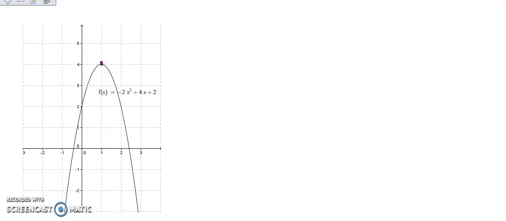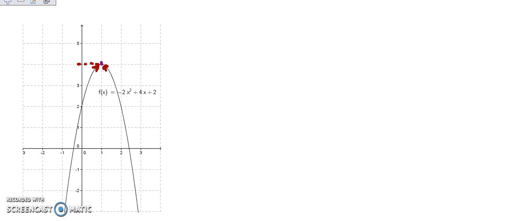As we approach x equals 1 from the left side and the right side, we get really close to it. We're approaching an output value of 4, which is why the limit of this function as x approaches 1 is 4.